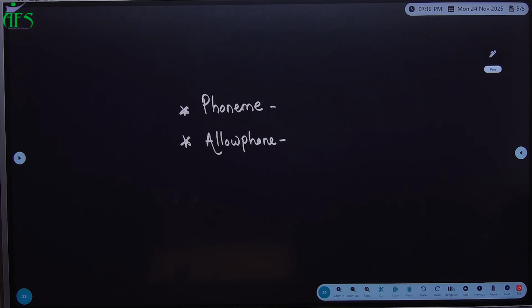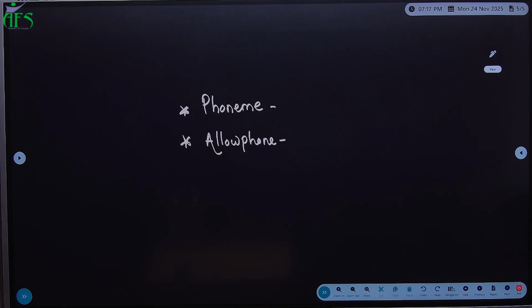A is a phoneme. K is a phoneme, meaning a speech sound. So a phoneme is an independent speech sound occurring in the phonemic inventory of a language, and it contrasts with other sounds of the language.